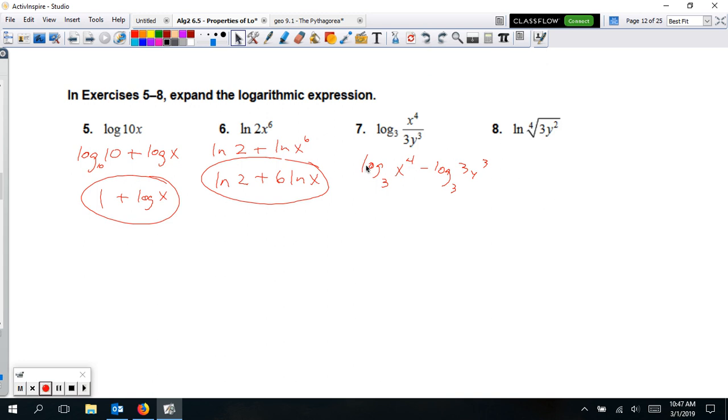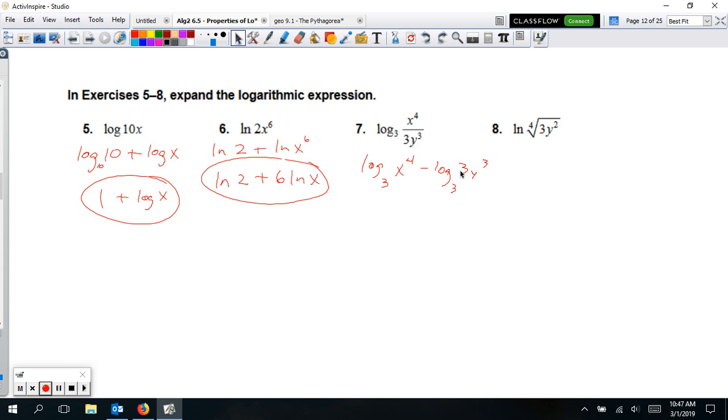Like on this first one we have a power of 4. That 4 is the power property. The 4 is going to have to go in front of the logarithm. 4 times our log, because remember, power of a power is you multiply those exponents. So we have an exponent of 4. This log base 3 of x is also considered an exponent, so it's like two exponents multiplying each other.